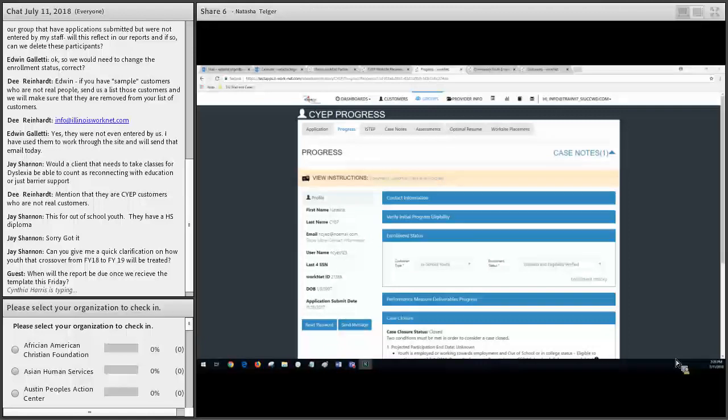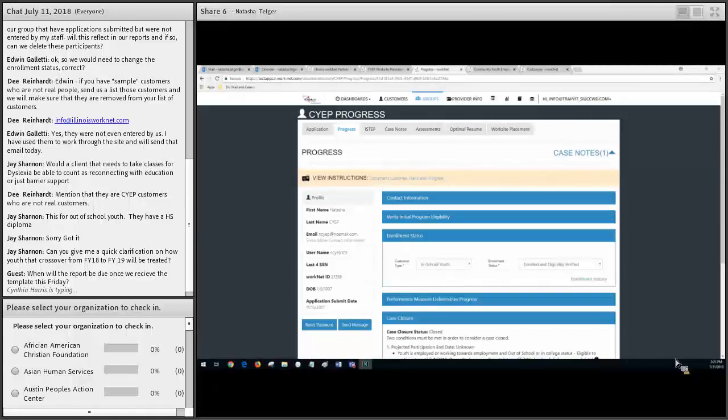That's an essential part of your program plans, that you say, we plan to serve so many youth, we plan to help so many youth get employment or get jobs out of those youth that we plan to serve. So if you planned to serve youth in FY18 and you told us you were going to enroll so many youth in your program, then we expect that you're going to enroll so many youth in your program, and we're going to compare those numbers.